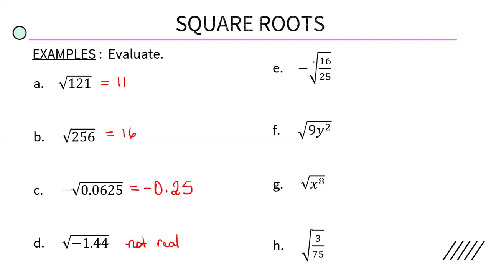Next example, we have negative the square root of 16/25. Again, we can use our fractional symbol. We know that's going to be negative. Using our fractional symbol, we first insert the square root symbol. Whatever fraction symbol you have, the ABC. We press 16, then the fraction button, 25, and then enter.